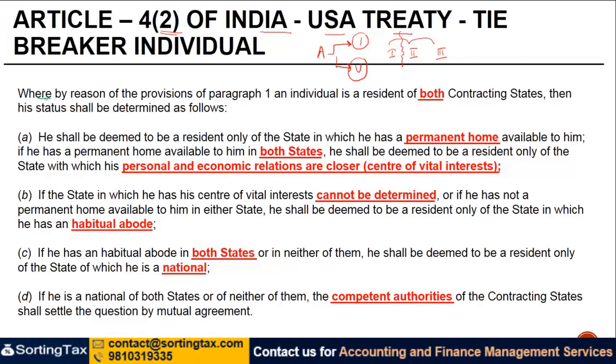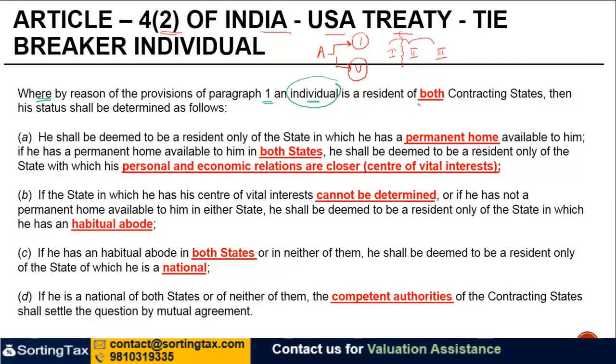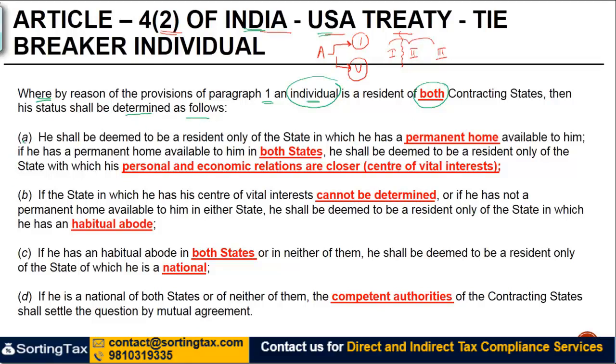where by reason of the provisions of paragraph 1, what we just discussed, an individual, now we're just dealing with the case of an individual here, is a resident of both contracting states. So let's say in this particular case, India and USA, then his status shall be determined as follows. So basically, we are going to apply all of them in this particular order to see which state this individual should be a resident of.